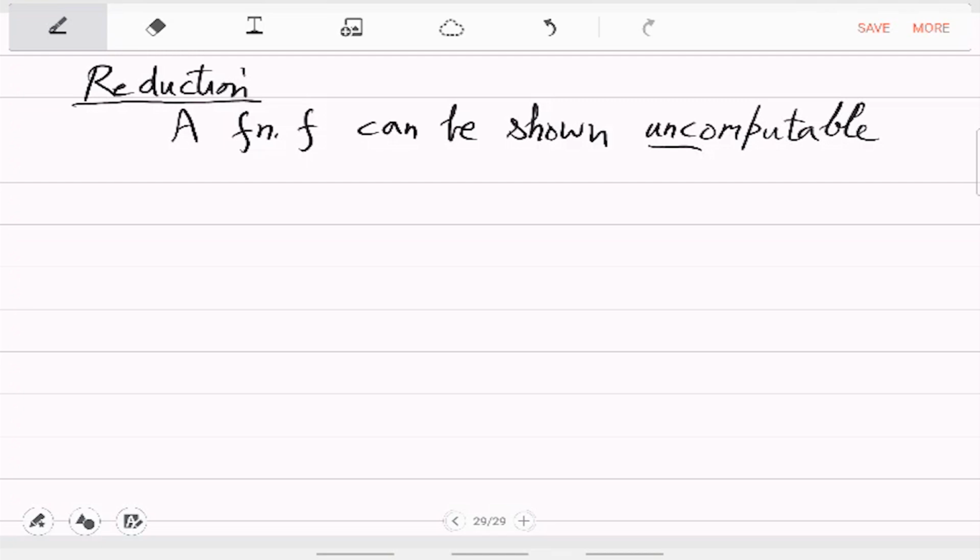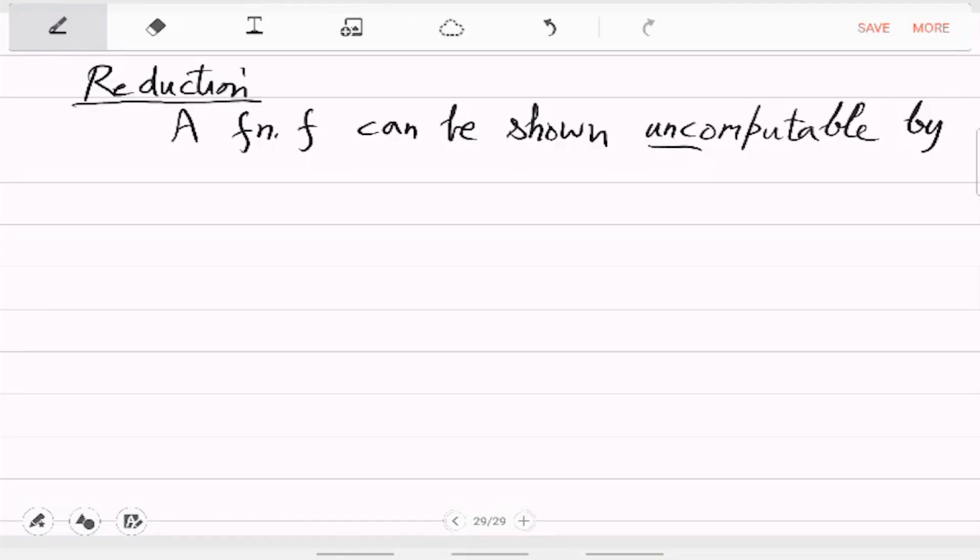So how can you show other functions or problems to be uncomputable? You can do that if you can reduce the halting problem to your problem. Once you have a reduction, obviously your problem cannot be easy, because if it was easy, then you would also solve the halting problem. So your problem is also hard. That's the idea of reduction.